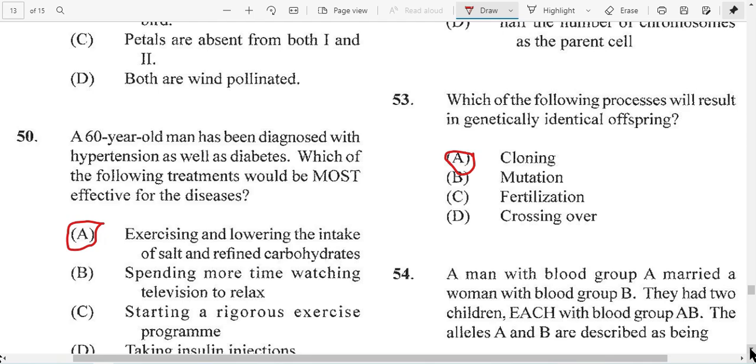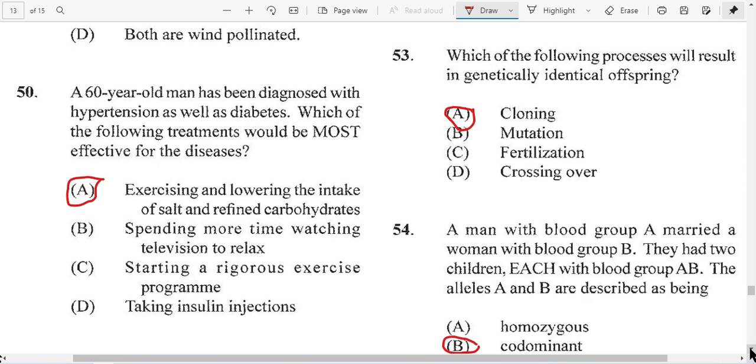Spending more time watching, that's like a recipe for death. C. Starting a vigorous exercise. That is not going to be the ideal thing there. And taking insulin. Please don't take insulin unless it's prescribed by a doctor. We don't know the stage of this man's problem. So A is going to be the answer there for 50.